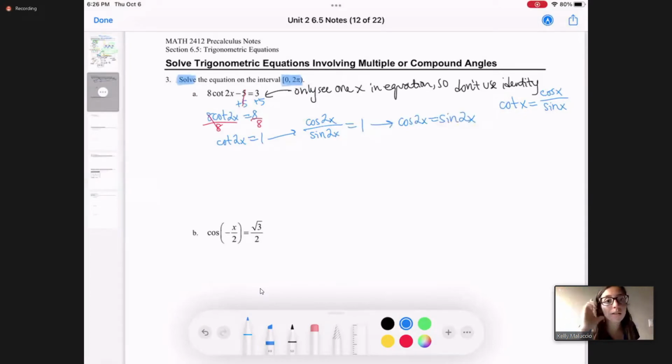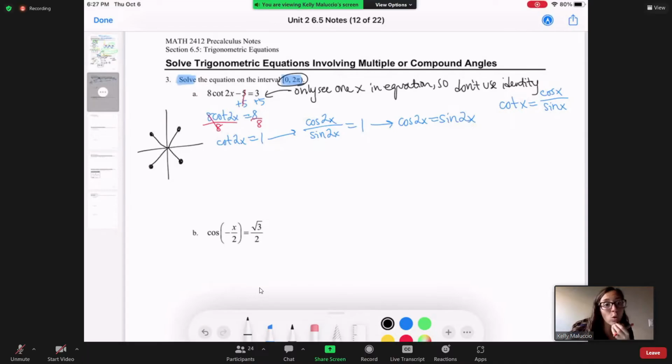So this is telling me cosine and sine have to be equal. If we think between 0 and 2 pi, the only places they're equal are pi over 4, 3 pi over 4, 5 pi over 4, and 7 pi over 4.